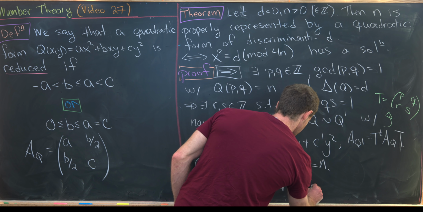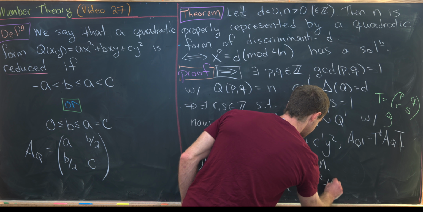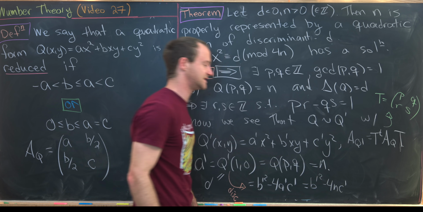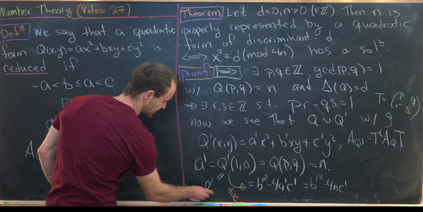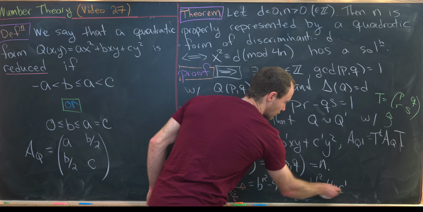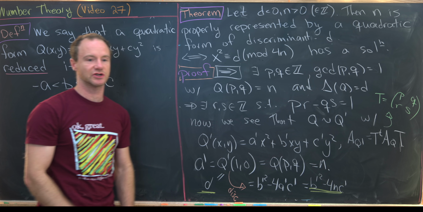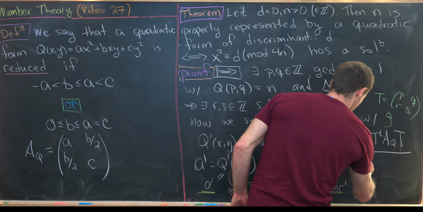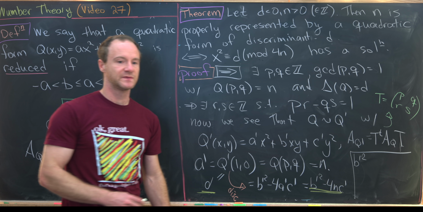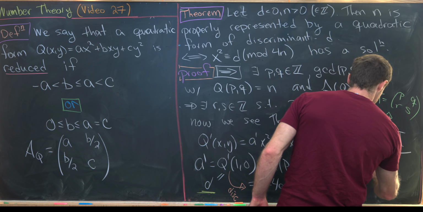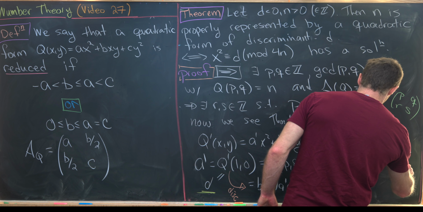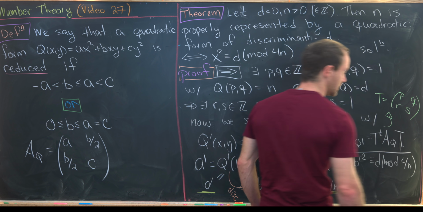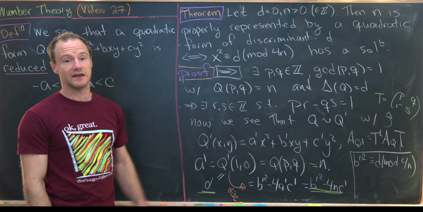So we have b prime squared minus 4n times c prime. But now let's look at the extreme left and right hand side of this equation. And notice that that tells us that b prime squared is congruent to d modulo 4n, which is exactly what we wanted to end up with.